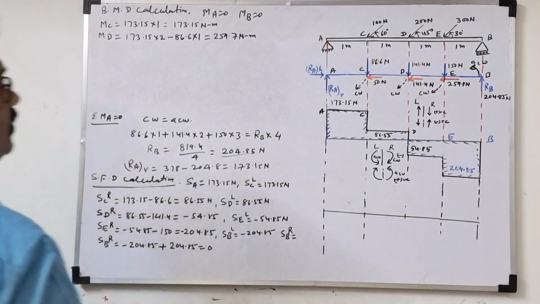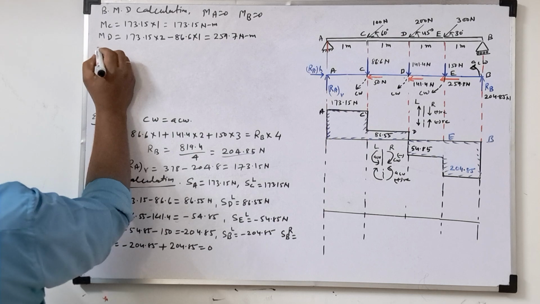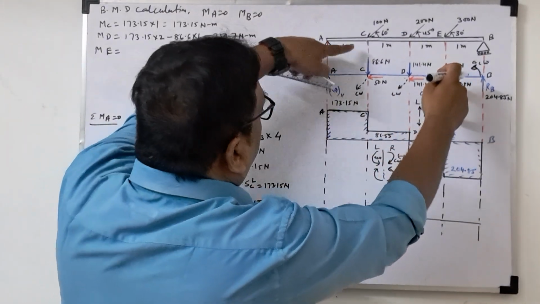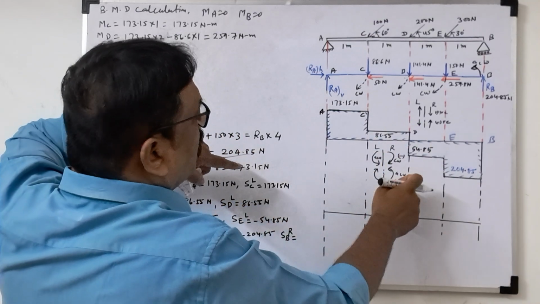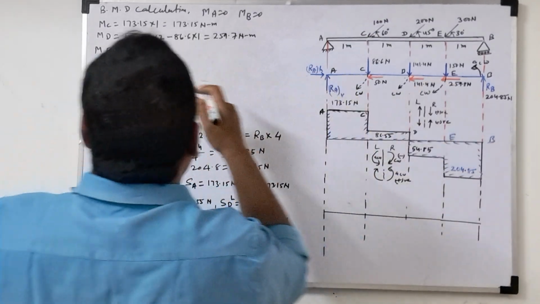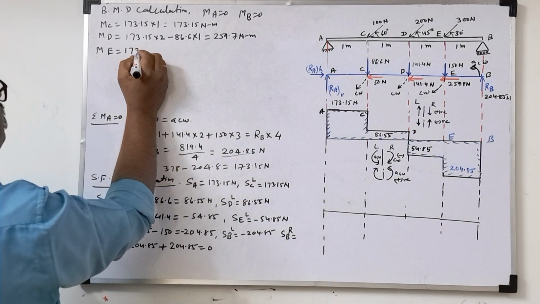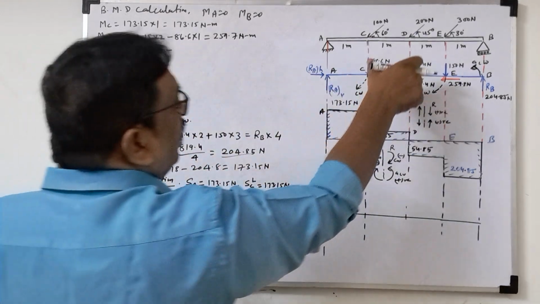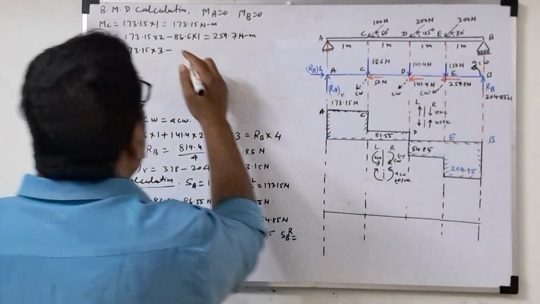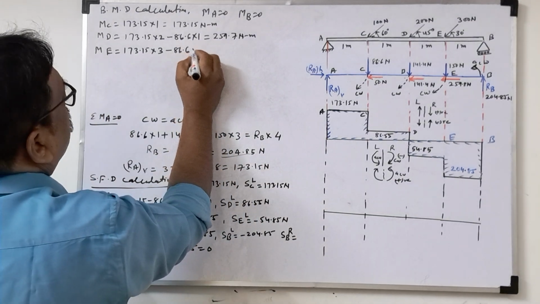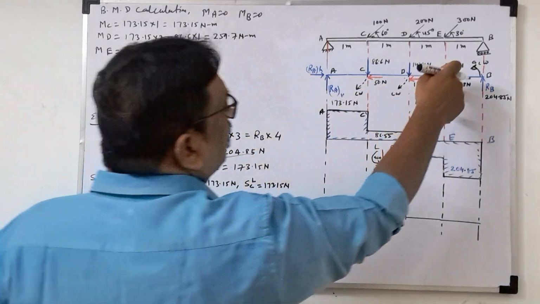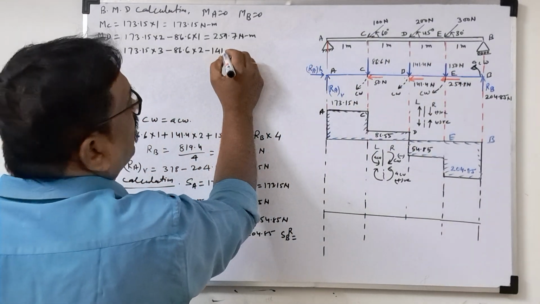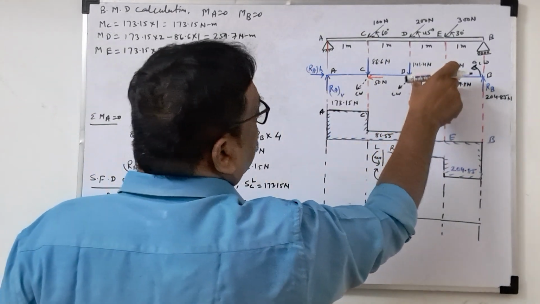Now ME. From there RA is clockwise positive, 173.15, distance is 3 meter, so 173.15 into 3, minus 86.6 into 2, this distance is 2, minus again 141.4 into 1, this distance is 1.